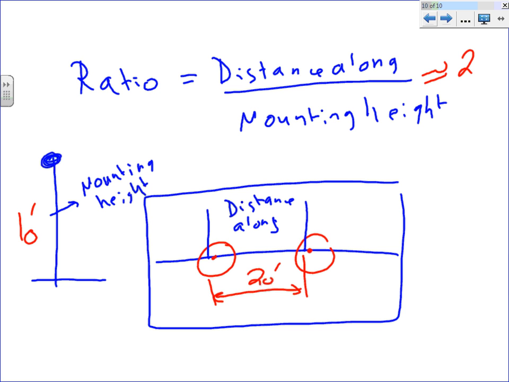But keep the ratio in mind as you lay out your lighting fixtures, mostly in open areas like parking lots. The ratio you want to shoot for is 2 to 1, the distance between fixtures versus the mounting height.